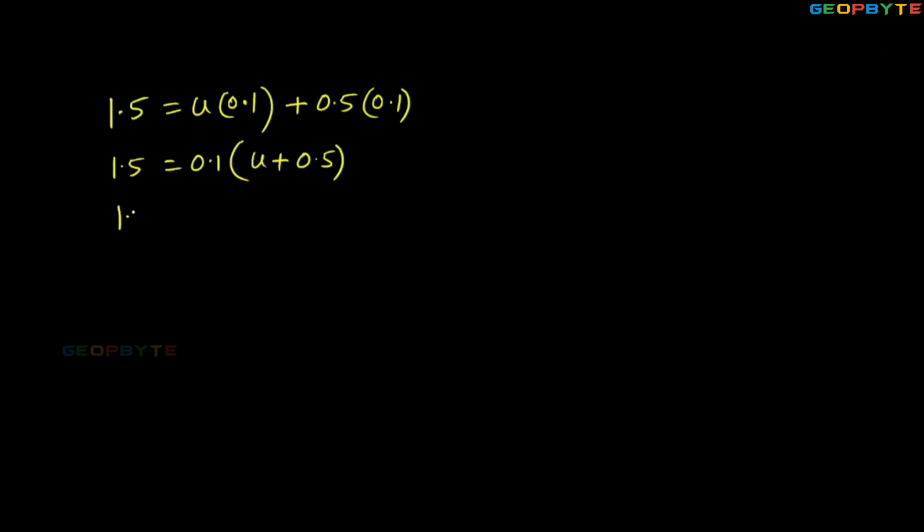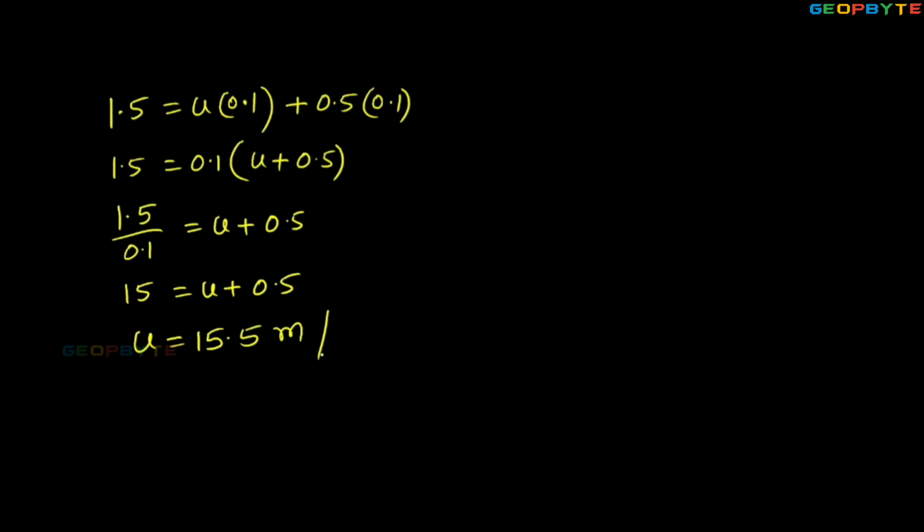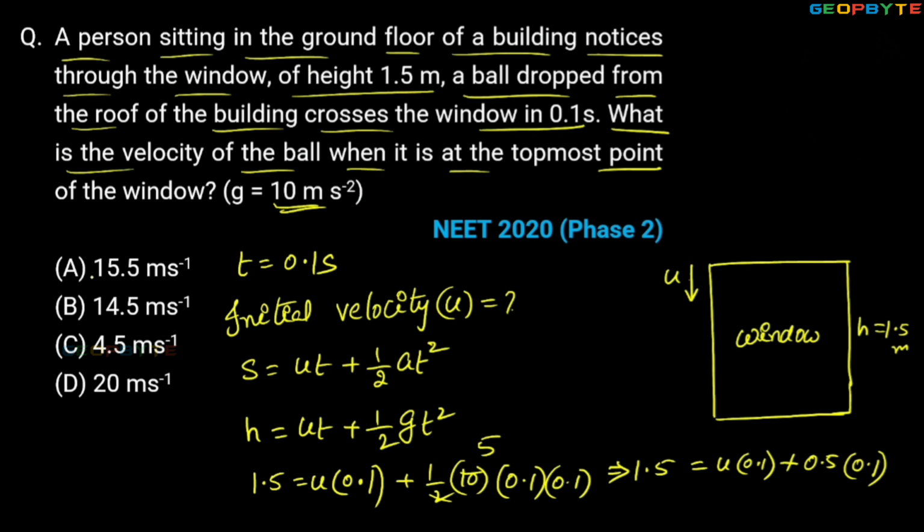It is 15 equals u plus 0.5. Therefore, initial velocity u equals 15.5 meter per second. That is the initial velocity of the moving body, 15.5. Look at option A. Option A is absolutely correct.